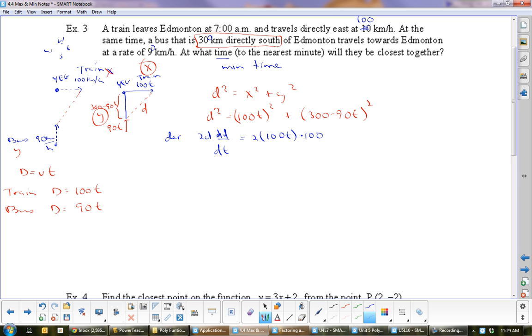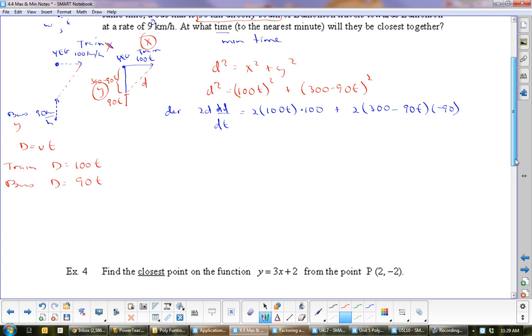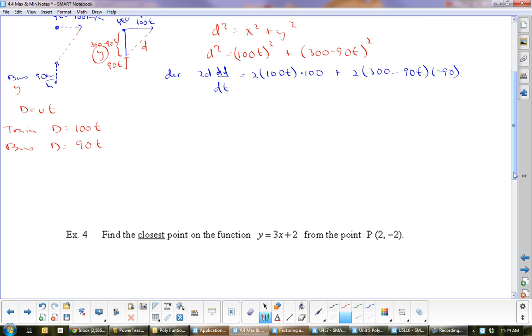I'm using the chain rule, and I don't have to write dt over dt, plus 2 times 300 minus 90t times negative 90. Yeah, 2d times dd over dt.